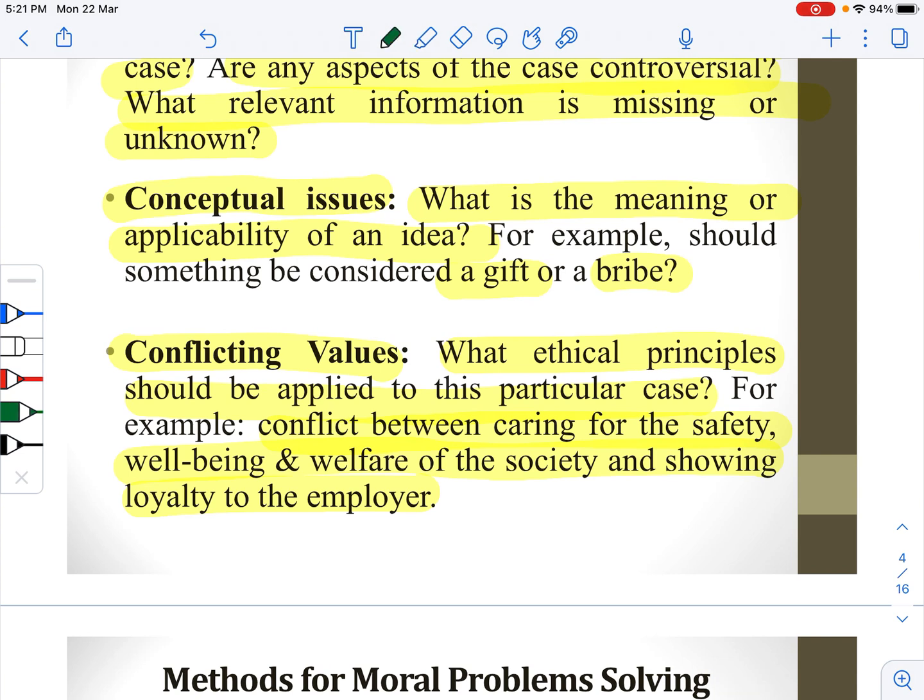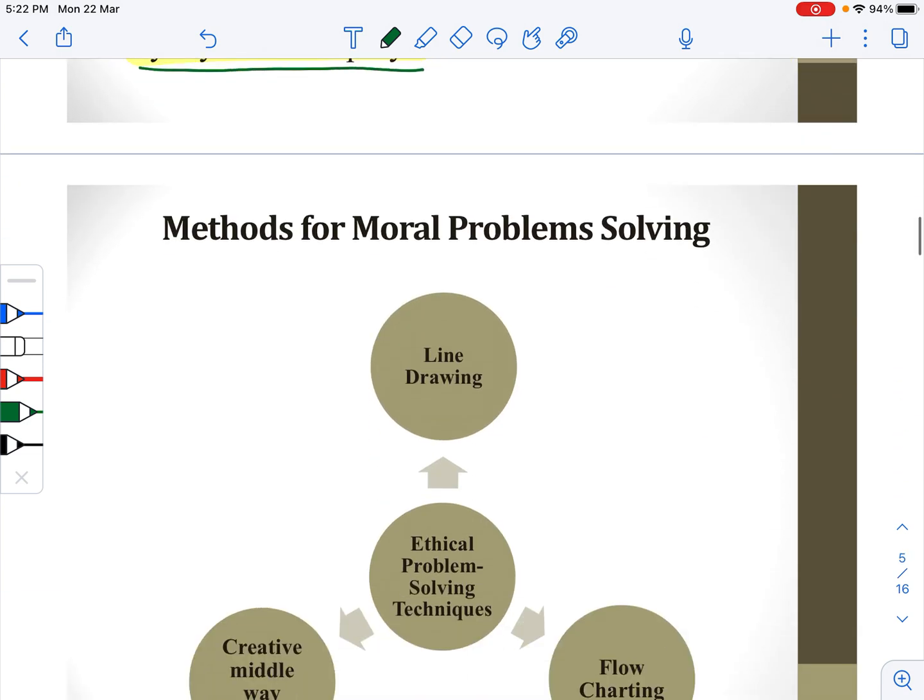For example, in a case study, it can be ethics on caring for safety and well-being, and it can also be against the loyalty to the employer, because in professional ethics you also have the ethic that you should be loyal to the employer.